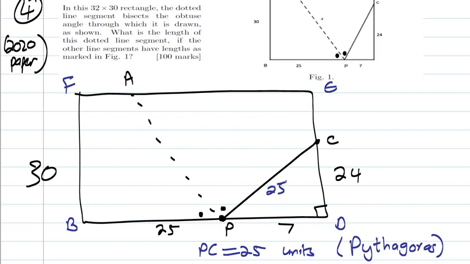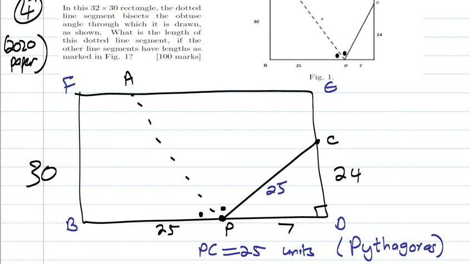Can I get smiley faces that you guys see what we have now? We have that PC is 25. Before we do a sneaky construction like we did with the first problem, who can tell me the distance from E to C?